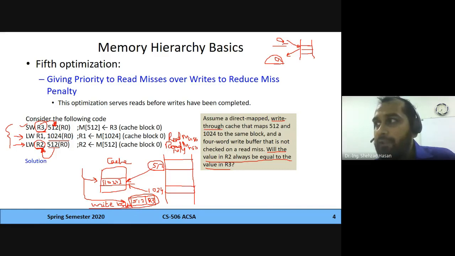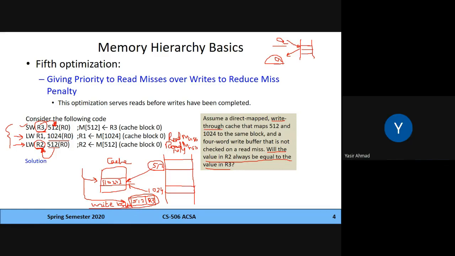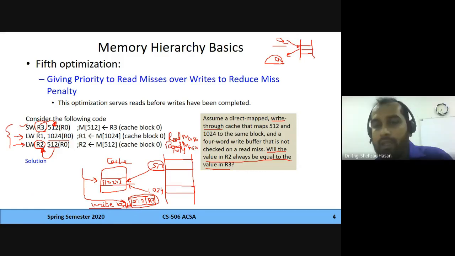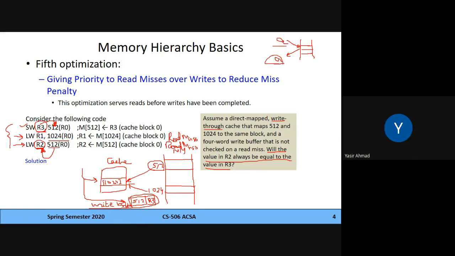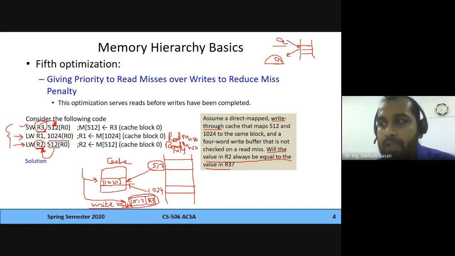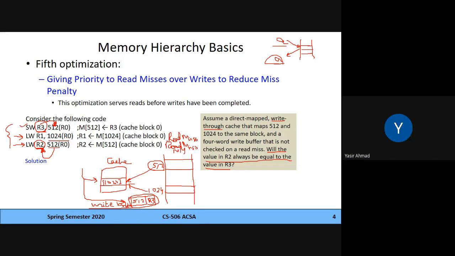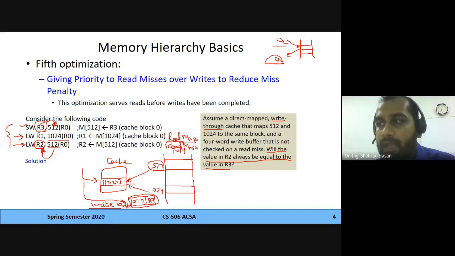Irrespective of the value, whether it is the same or not, irrespective of what value this 5.2 is, if we had any other value, on any read miss, we are going to empty the write buffer.